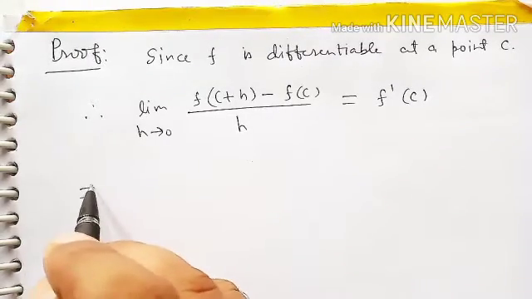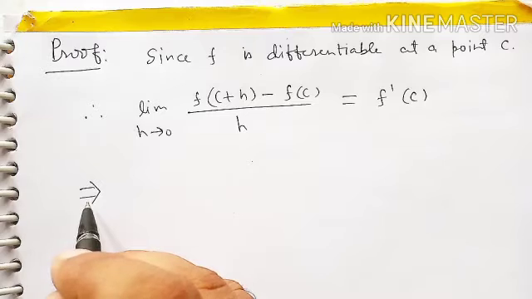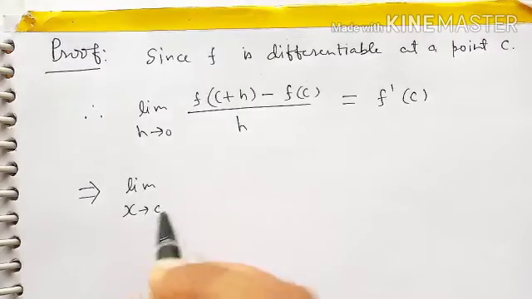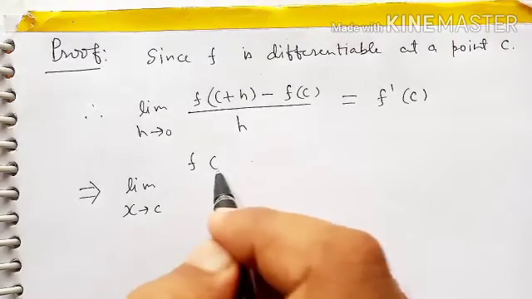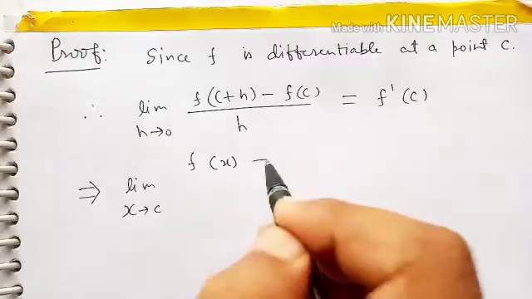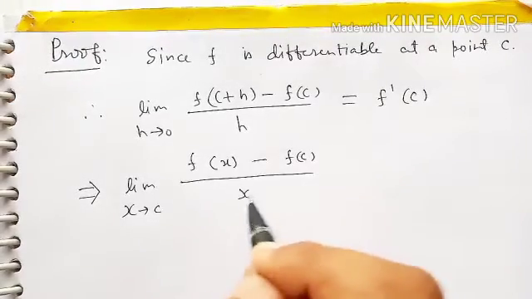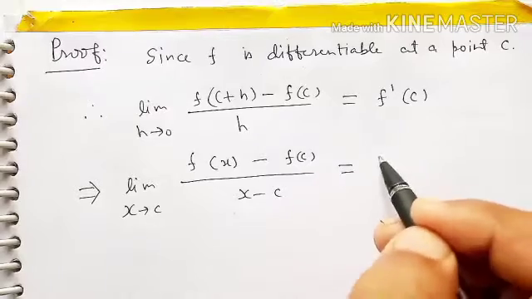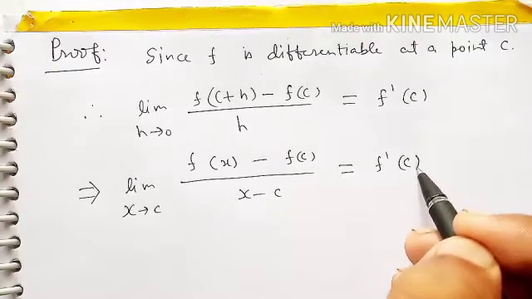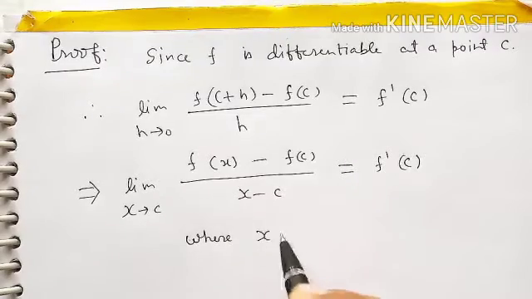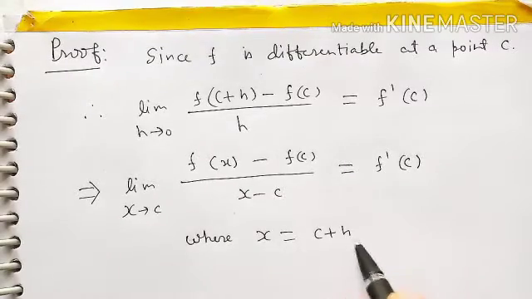This implies that limit x tends to c, f of x minus f of c by x minus c is equal to f dash c, where x is equal to c plus h.